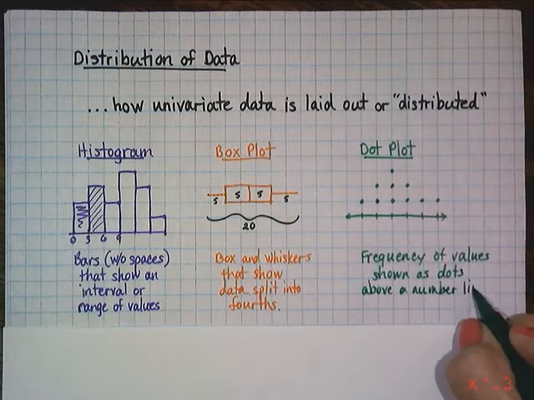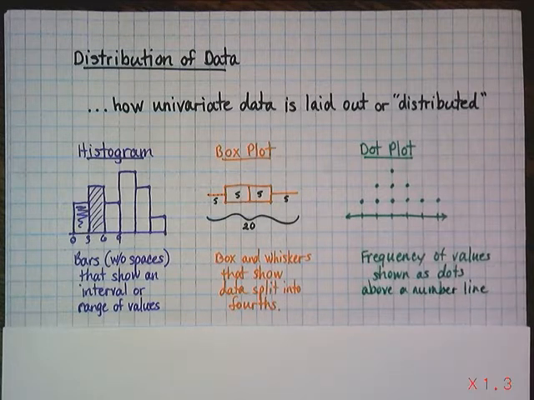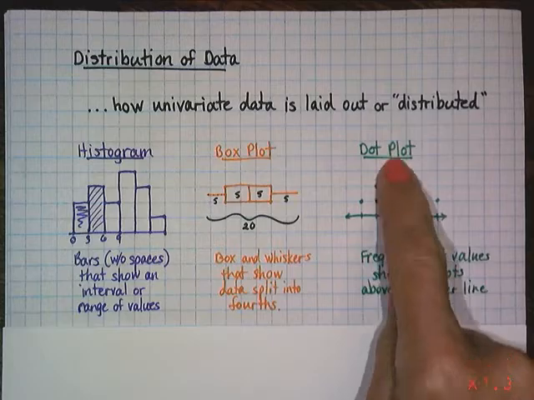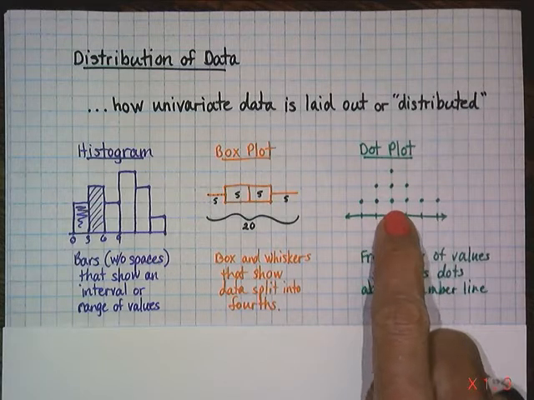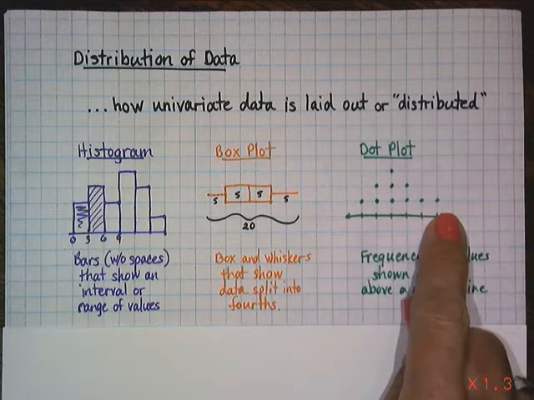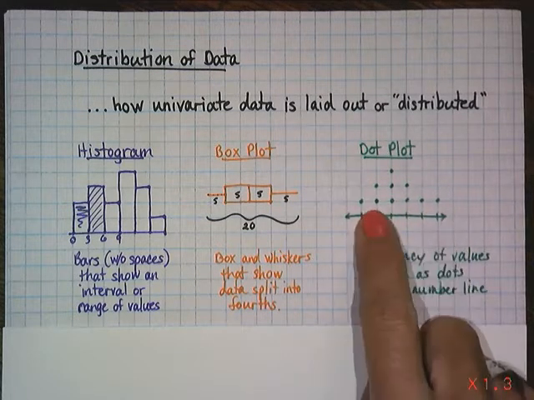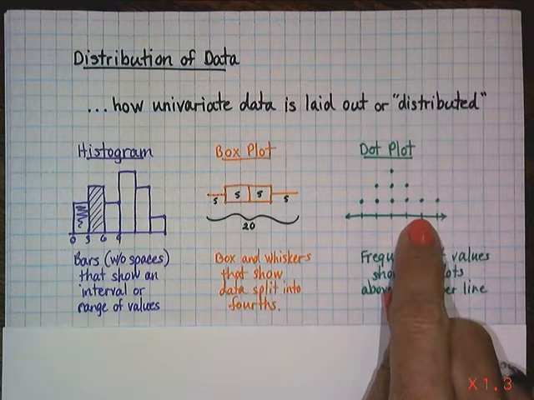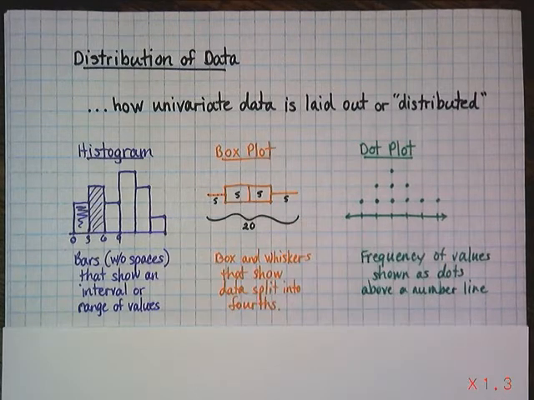A lot of people like this display because you can also see a mode. You can also pretty much make out the median by counting. You're going to have to still calculate the mean if you're going to do it that way. But these are the 3 main ways to look at data.